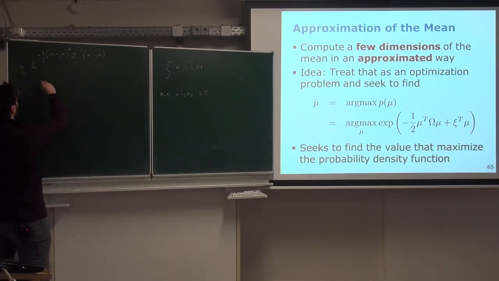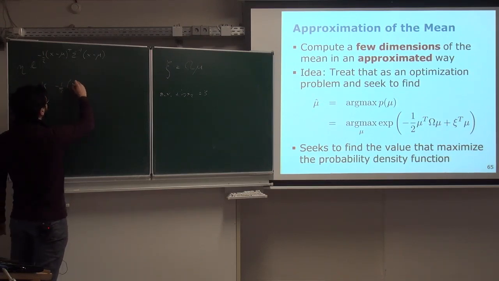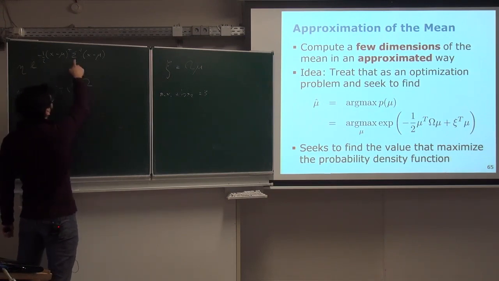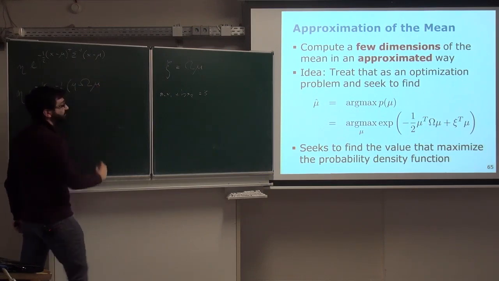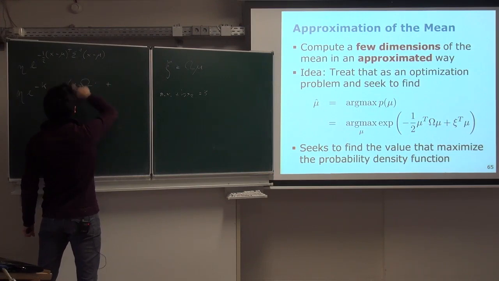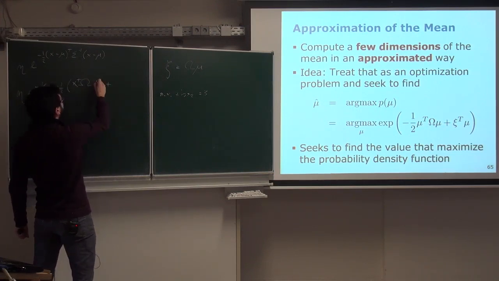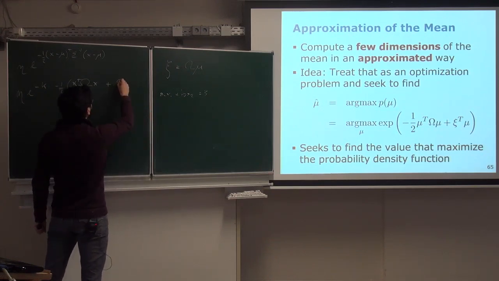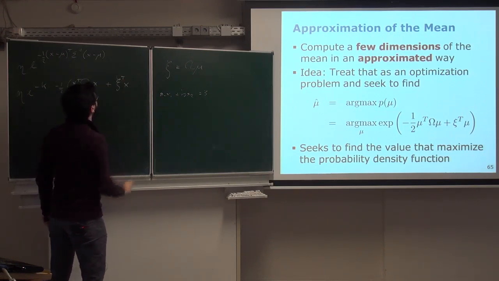There is some constant that we don't care for now, and you can then write it as minus 1 half, x transpose omega x, where omega is the inverse of sigma, plus the linear part, which is eta transpose x, okay?